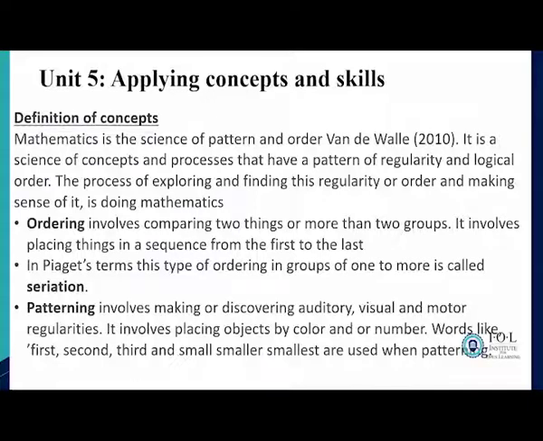It involves placing order by color, numbers. In most cases, this is what learners do in their CDC centers or pre-primary. They order, they seriate, and they pattern. It's just a matter of developing them again when they reach senior primary.